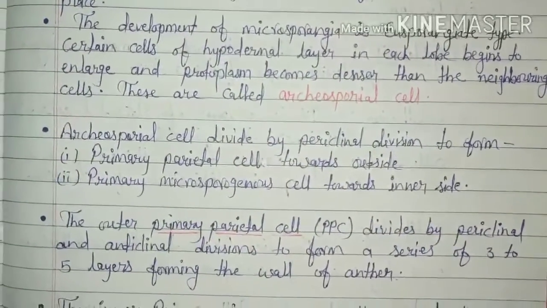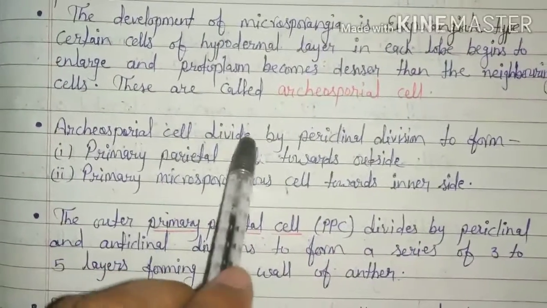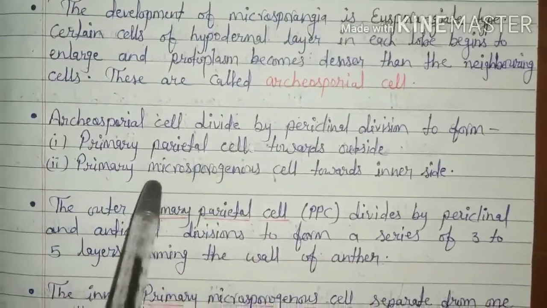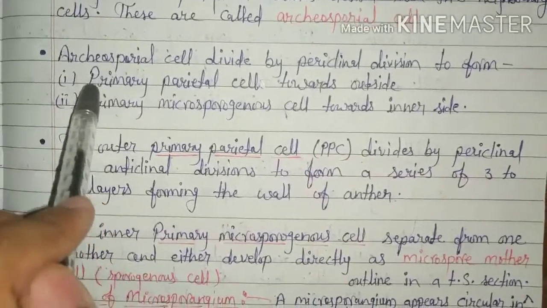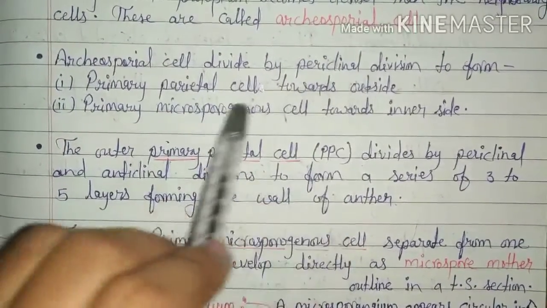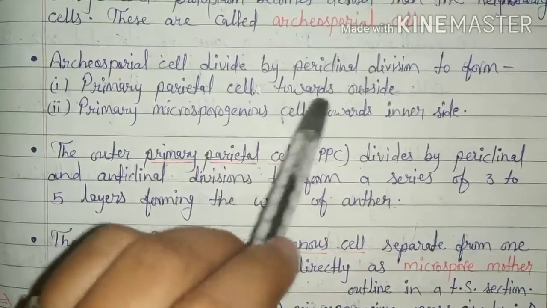Further, archaeosporial cells divide by periclinal division to form 2 types of cells. First, primary parietal cells towards the outside, and second, primary microsporogenous cells towards the inner side.